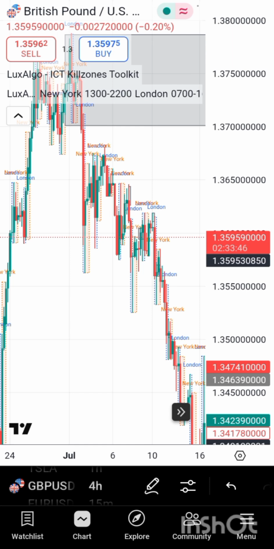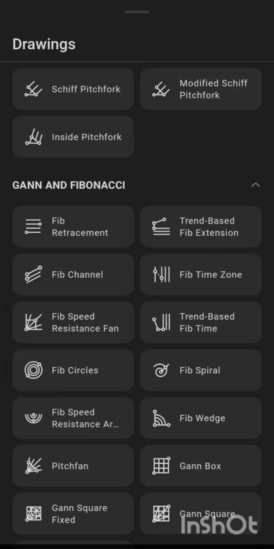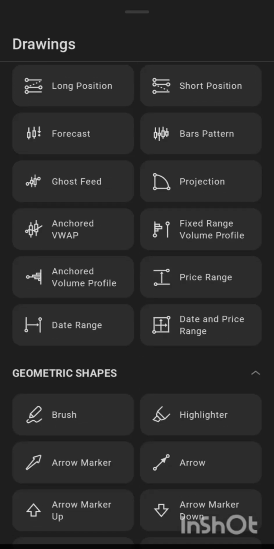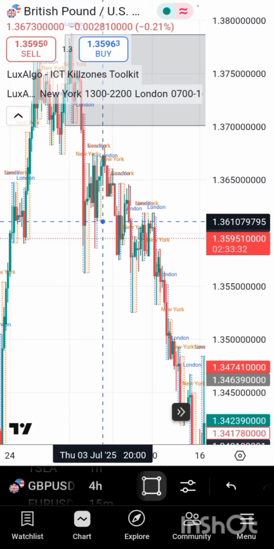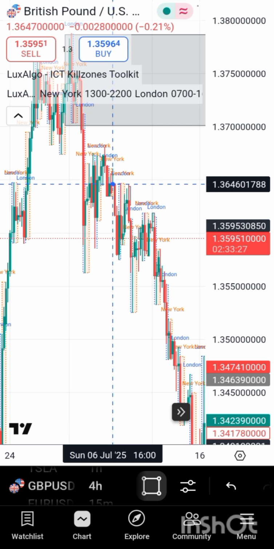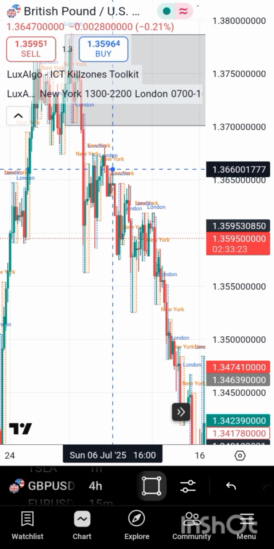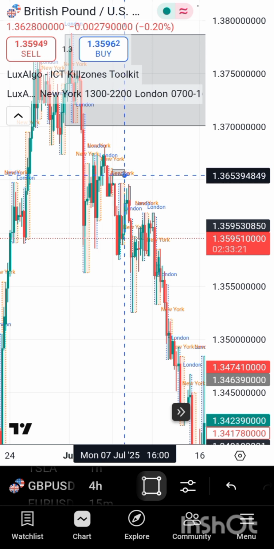Here we are going to see this small candle before this impulsive move down. Then we are going to mark that candle. First we have this candle here, a small candle before that deep sell.